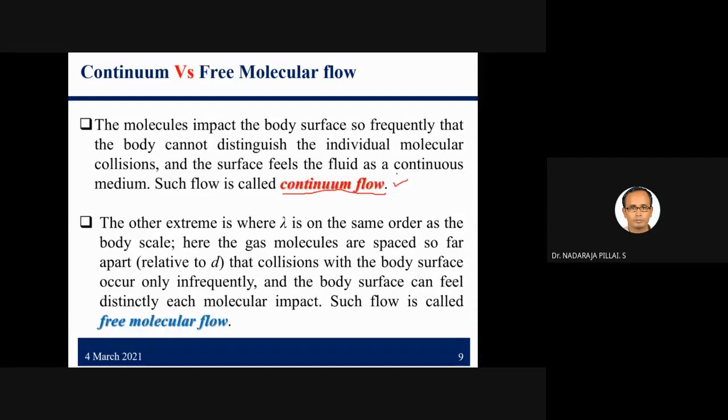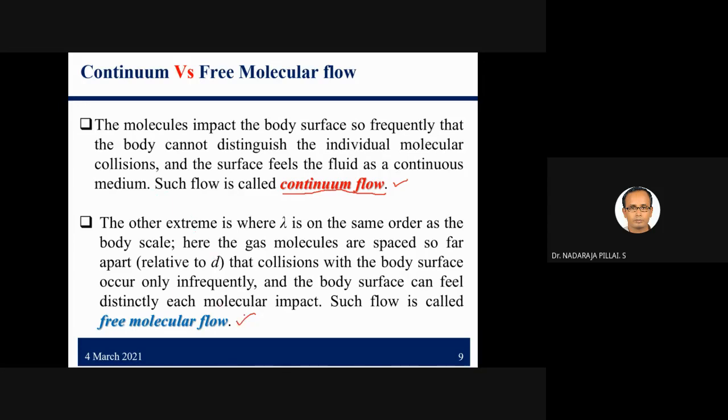Even if lambda is of the same order as the body scale, you can see the distance between one molecule and another molecule is d. Now there is no frequent collision. In such a situation, the body experiences a kind of particle hitting every time. Such flow is called free molecular flow.